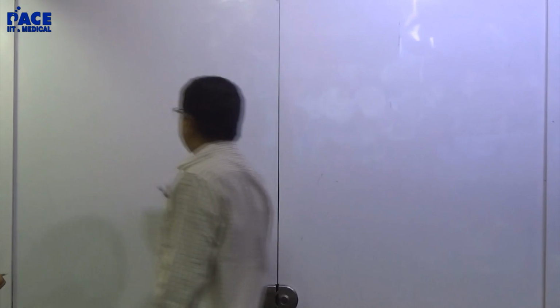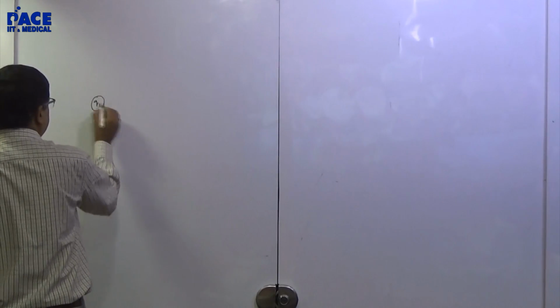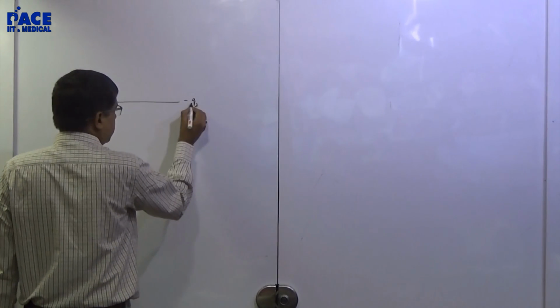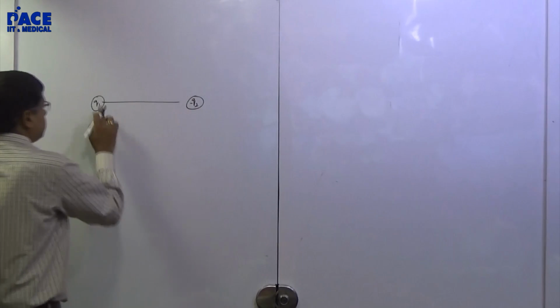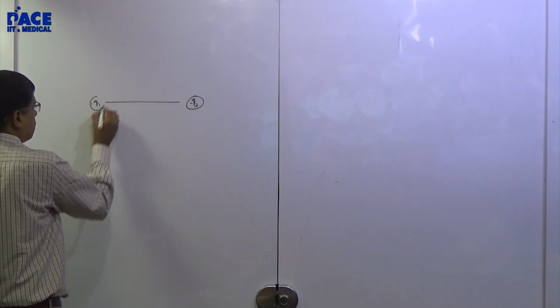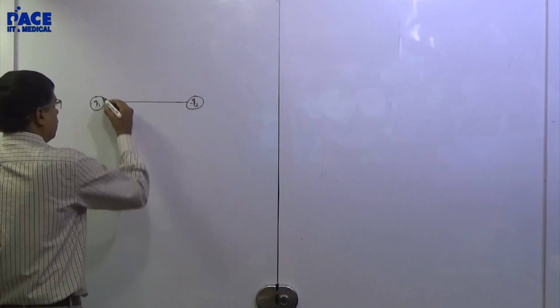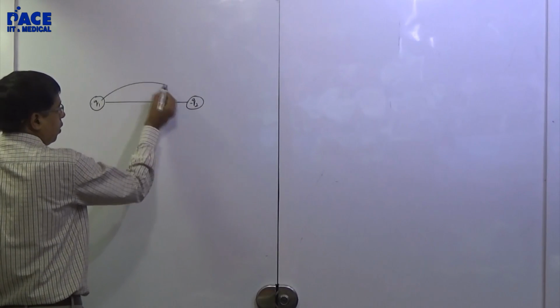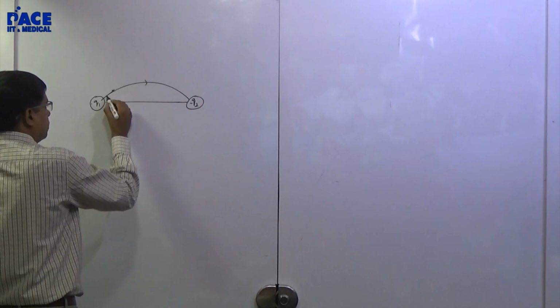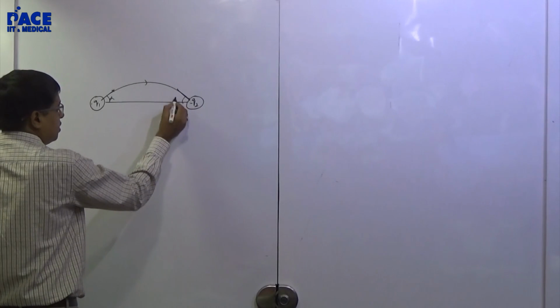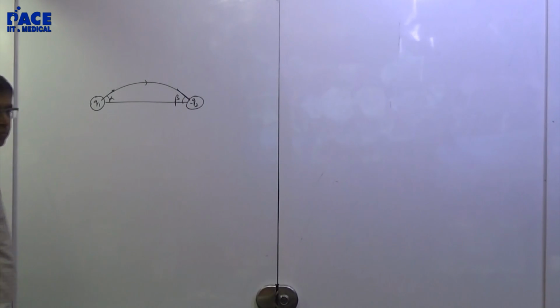Now listen, you have a charge q1 here, minus q2 here. A line of force from q1 will go into q2. This angle is alpha, this angle is beta.